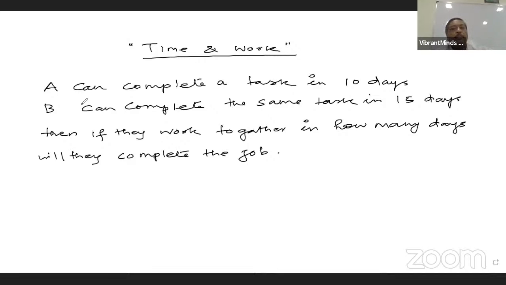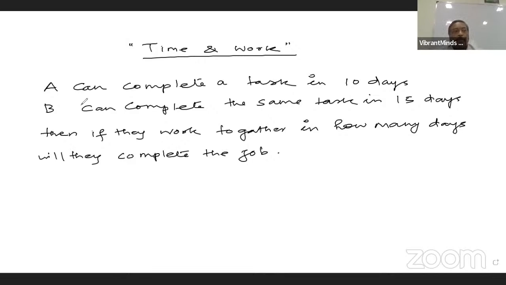B can complete the same task in 15 days. If they work together, in how many days will they complete the job? Normally, the conditions are: if they work together, if they work alternately, if they are taking alternate days, or if they are accompanied by another person C. So these are the types of questions we have.